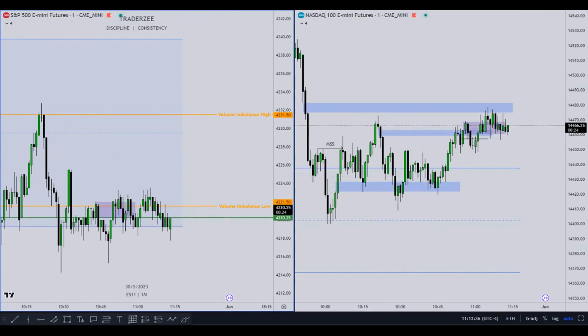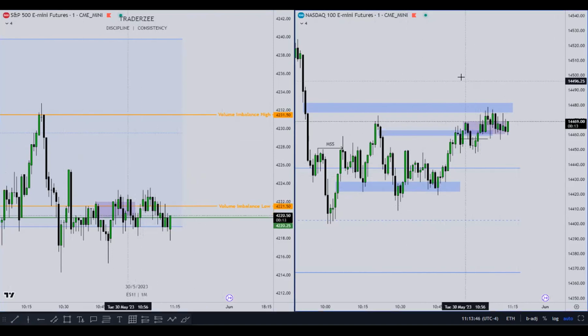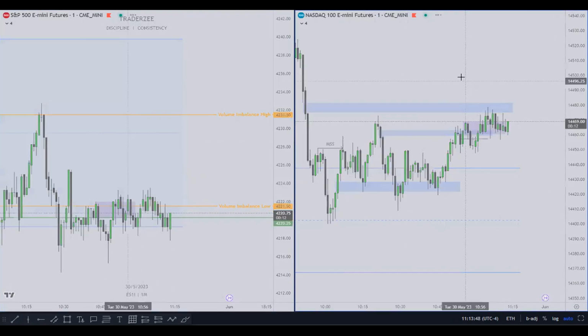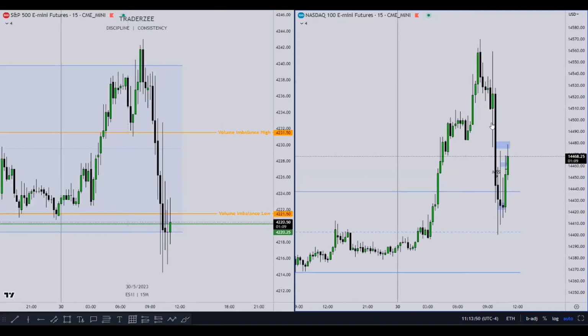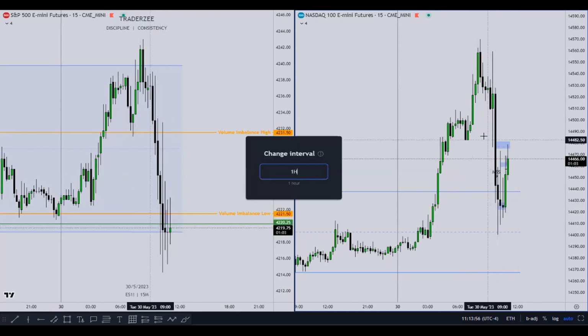So what this signifies to me is ES is just chopping around being ugly. Nasdaq went into an inefficiency on the hourly. Okay, this inefficiency, this is what I'm talking about. The small little gap here. On the hourly, it's been better.